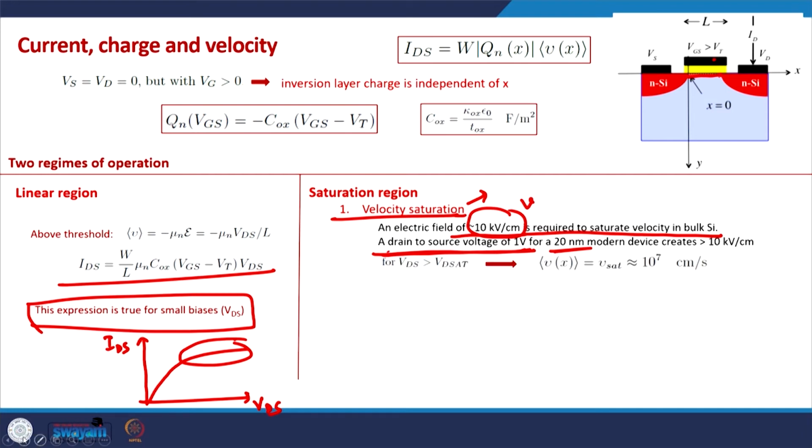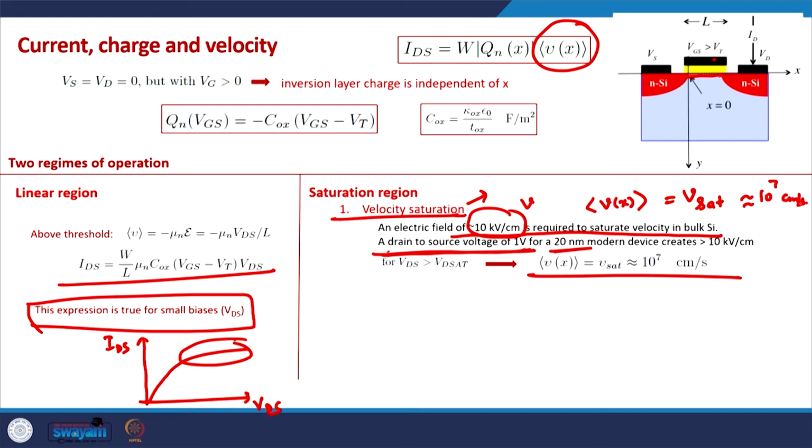Okay. So, generally the velocity saturates to this value. So, the Vx term becomes the Vsat, which is typically 10 to the power 7 centimeter per second. In this case, for the current, we just need to put this Qn and this velocity.